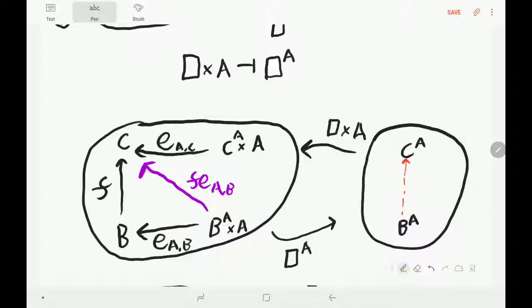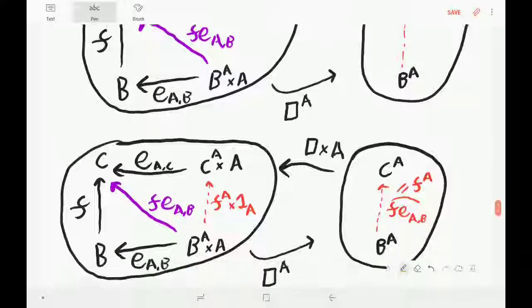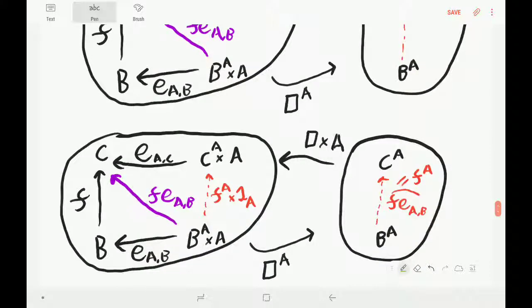Okay, this is the basic idea with adjoint functors. So the long shot of it is that there exists this unique arrow from B to the power of A to C to the power of A, which is unique with respect to the property that it makes this diagram commute. Okay, so we have that.